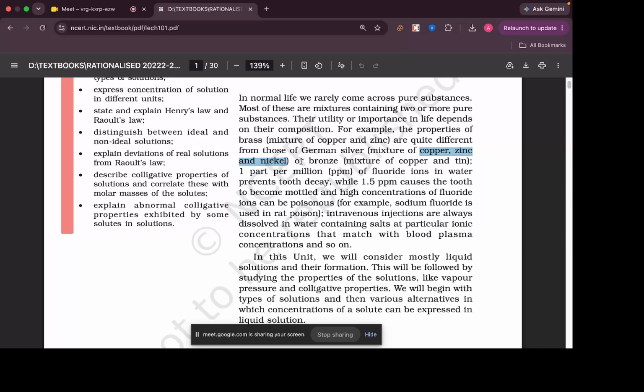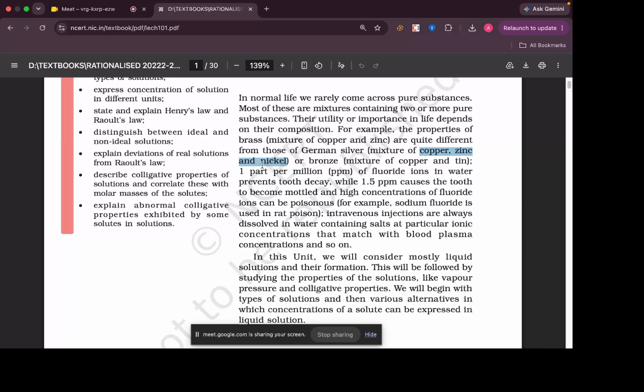So please remember, whenever you are reading the book, it is not about just reading the book. You have to also know the elemental form, element number, atomic number, everything. We have copper, zinc and nickel.